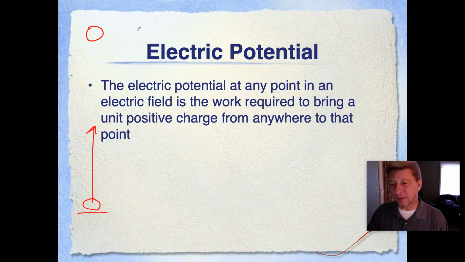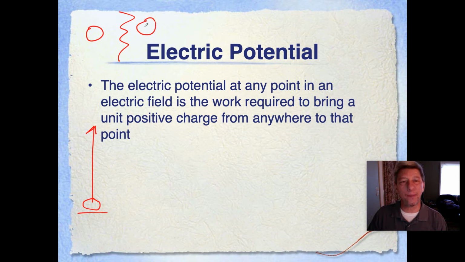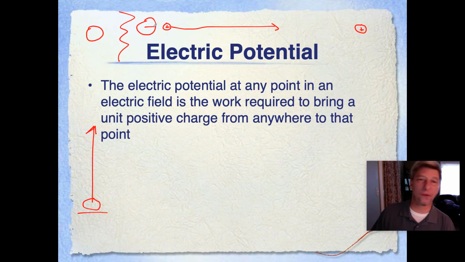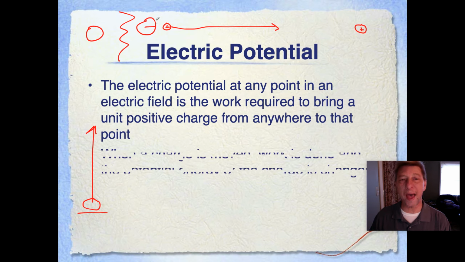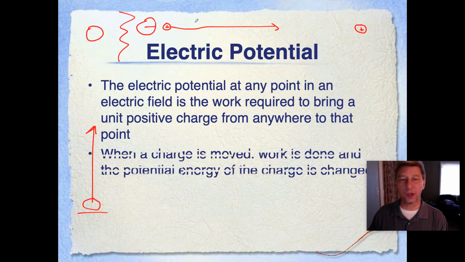The same kind of thing is true in terms of an electric charge. Let's say I have a big old point charge that's negative, and I have a teeny weeny little positive test charge next to it. Okay, if I take this positive test charge and I push it this way and I put it somewhere out here, all right, it now has the potential to move back toward the negative charge that you see over here.